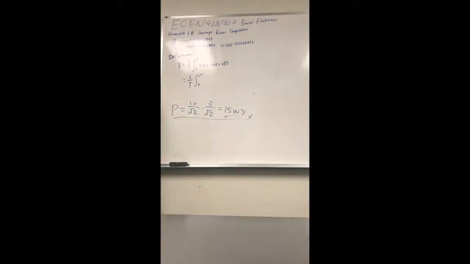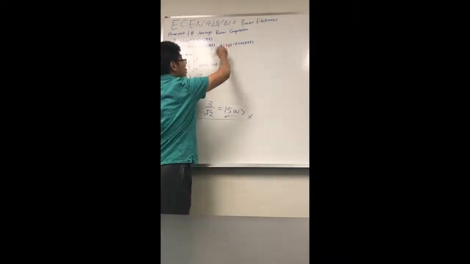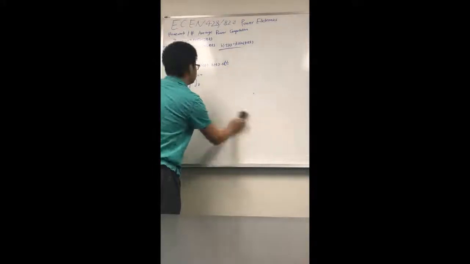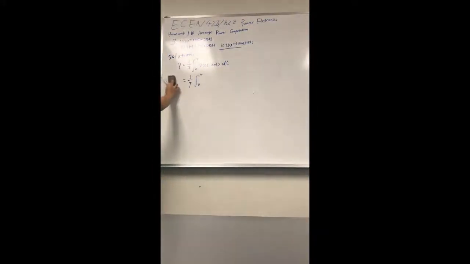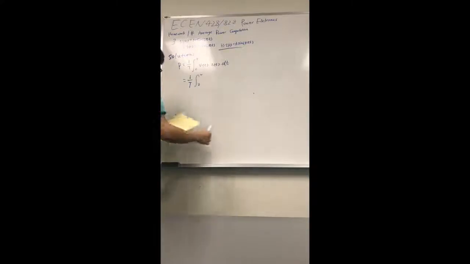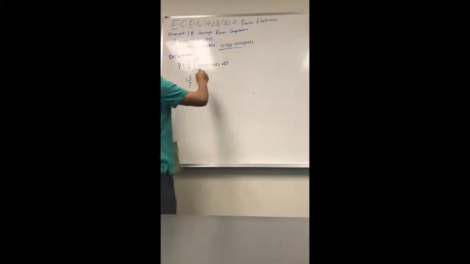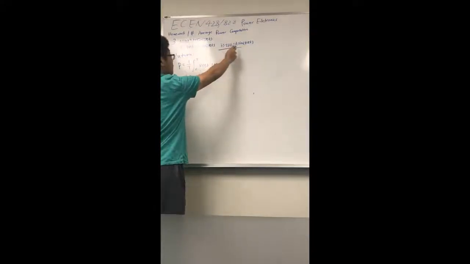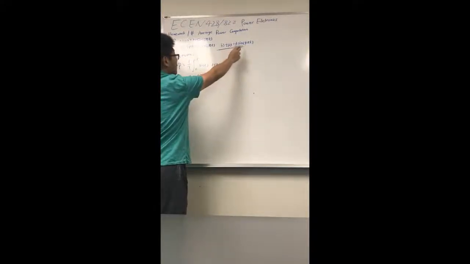We need to use the definition of the average power to solve the scenario when the frequency of the current and the voltage are not the same. So we need to use this equation. 10 sine 2 pi t times 3 times sine 4 pi t.